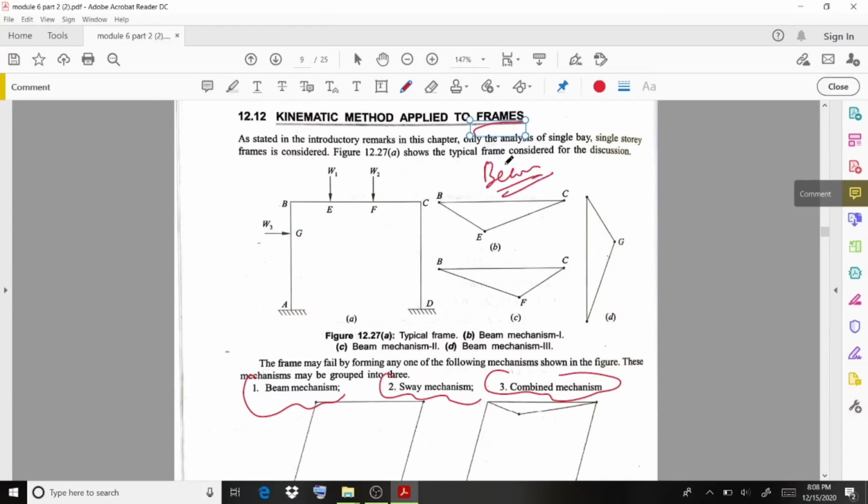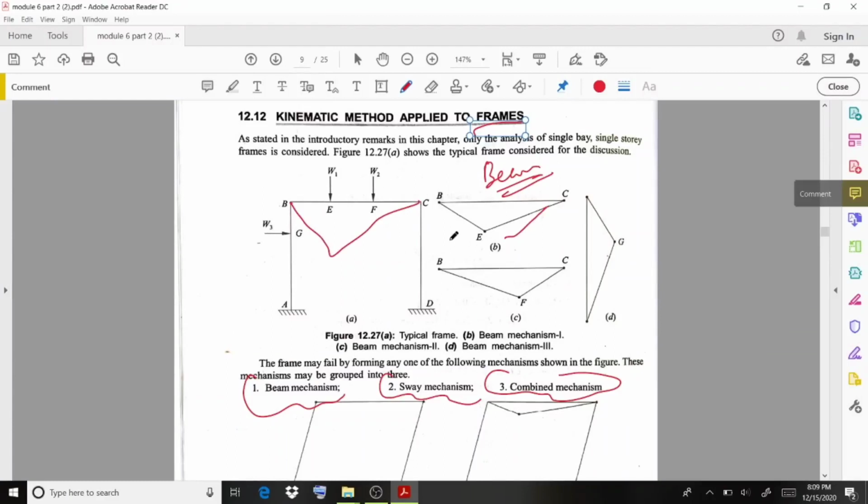In the case of the beam mechanism, if you clearly observe this BC portion, a load W1 is acting over here and W2 is acting over here. So you need to calculate for this W1 that is shown here, and for this W2 next.